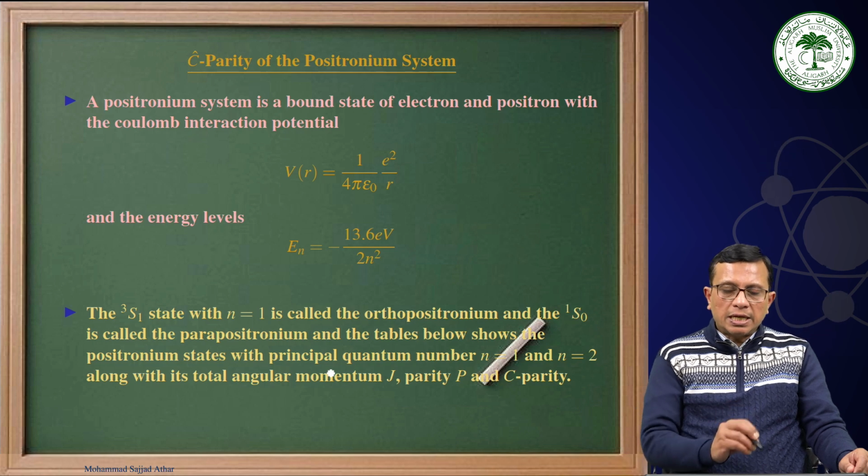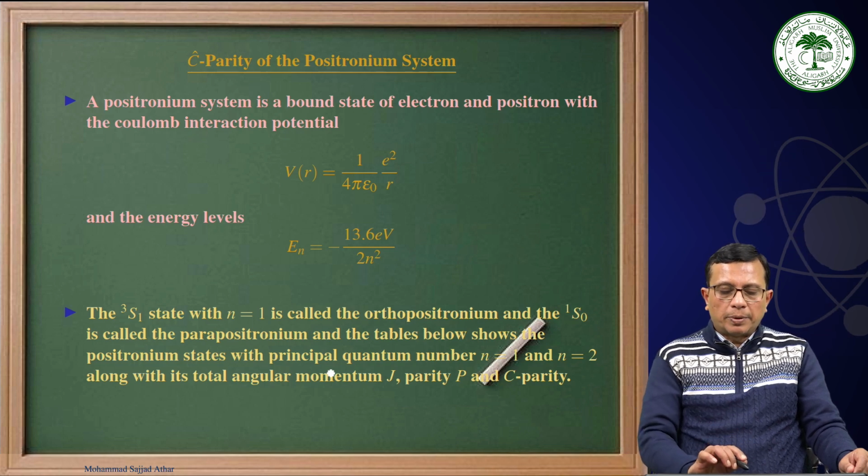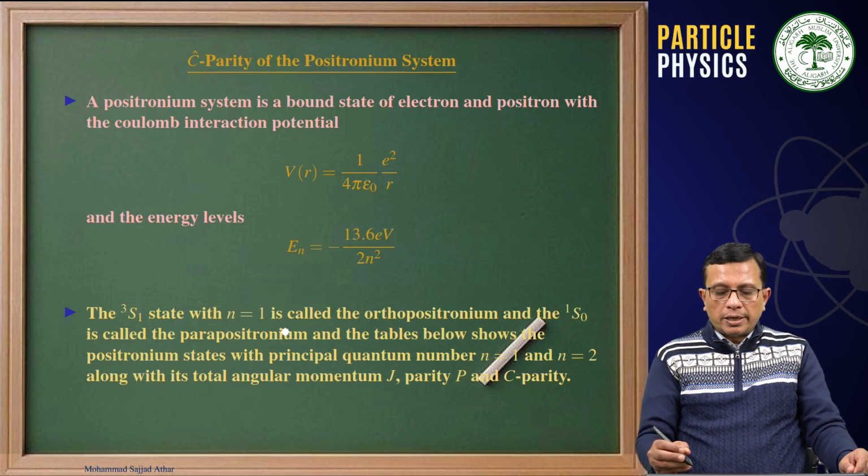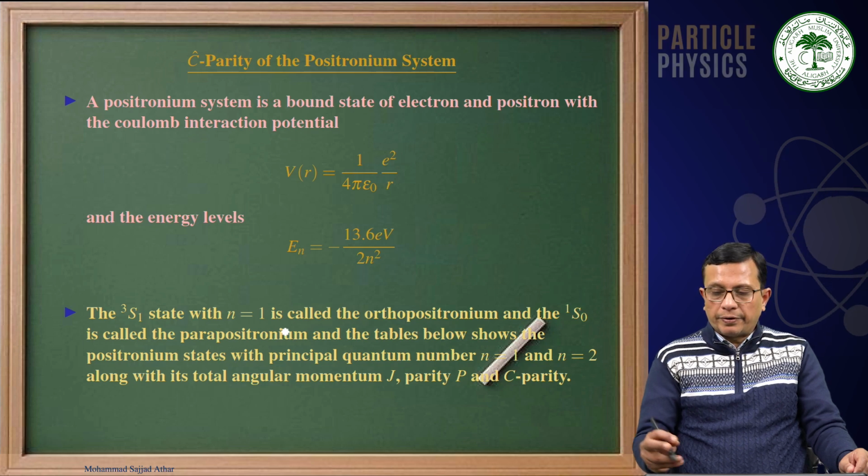Now, the 3S1 state with principal quantum number n equal to 1 is called the orthopositronium state, and the 1S0 state is called the parapositronium state. In the following table, we are going to show the positronium states with the principal quantum number n equal to 1 and n equal to 2, along with the total angular momentum J, parity P, and C parity.